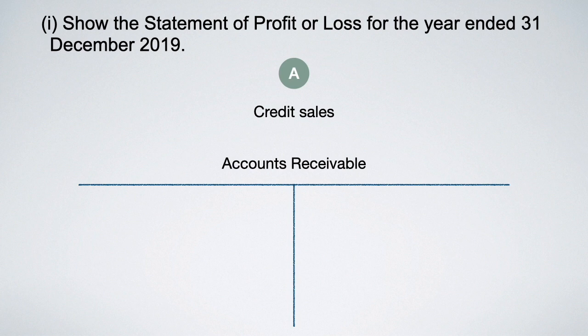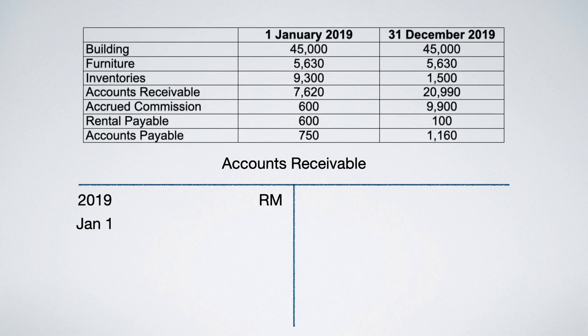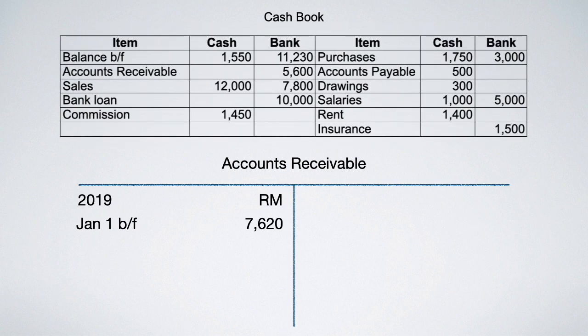Okay, now we prepare the account receivable. Getting the information from the questions, we will use this beginning balance for accounts receivable, which is from the 1st January 2019, that is the number 7620. Then kita nak dapat dari mana? Okay, now we focus dekat cash book.